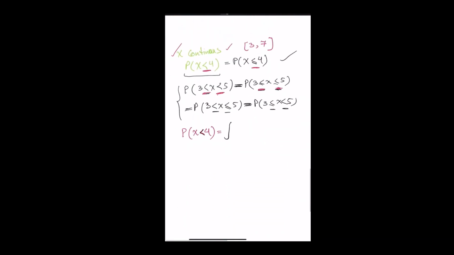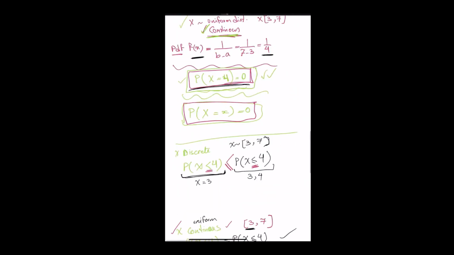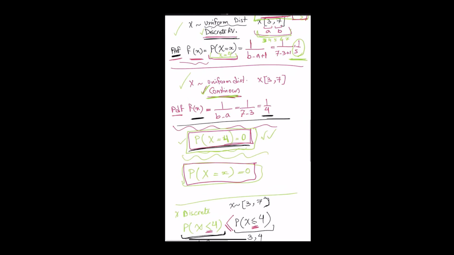So x is continuous, uniform between 3 and 7. The integral of f of x dx, for less than 4, means from the lower bound, which is 3, to the value of x, which is 4, of f of x, which is 1/4, dx, because we calculated f of x for this continuous uniform random variable between 3 and 7.